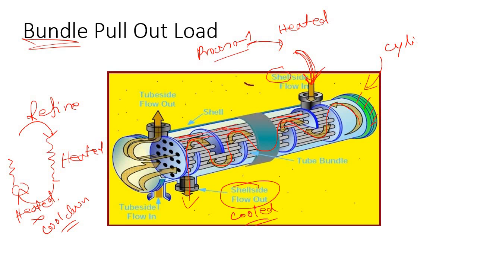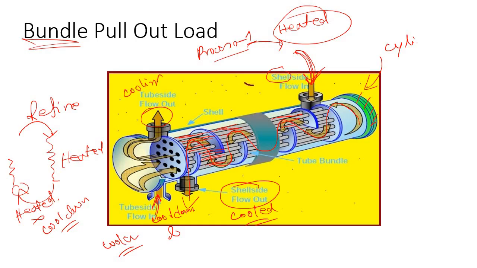Here you can see there are many tubes, and this is the inflow of cooler liquid. Once it has taken the heat from your heated fluid, this is the outflow of the cooling liquid, right?